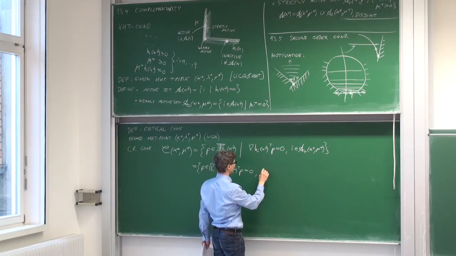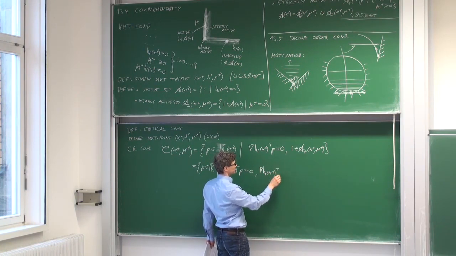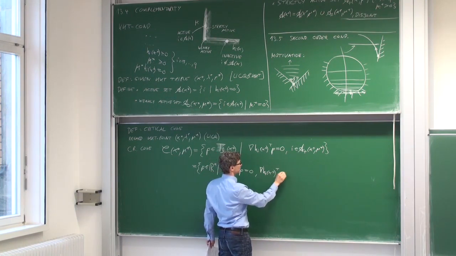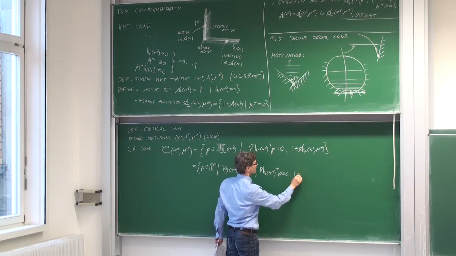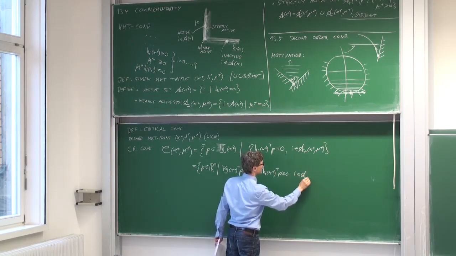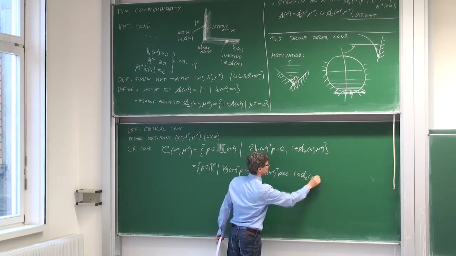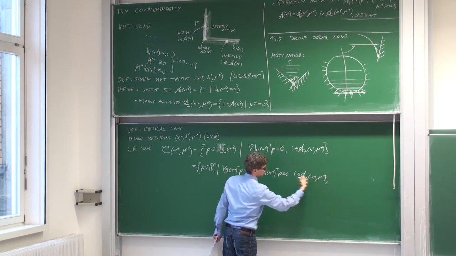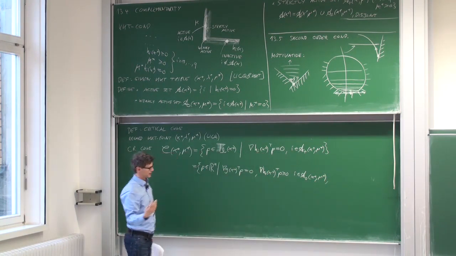And then for all h, nabla h_i(x star) times P should be bigger than or equal to 0 for i element in the weakly active set. So that was for all inequalities that are weakly active.